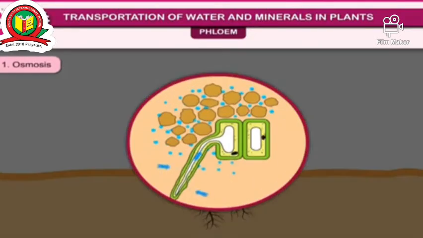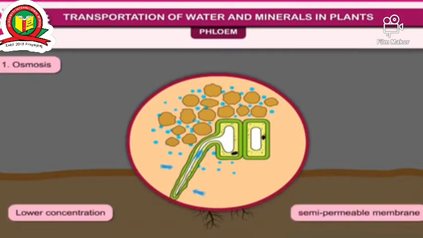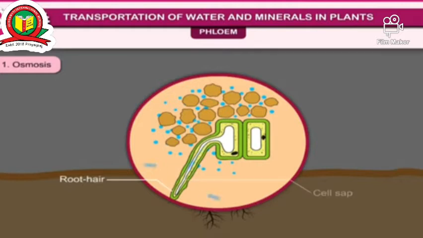It involves the movement of solvent molecules, water, from a region of their higher concentration to a region of their lower concentration through a semi-permeable membrane. In root hair cells, the cell sap is more concentrated than the surrounding capillary water. Thus, water moves into the root hair cell by the process of osmosis.